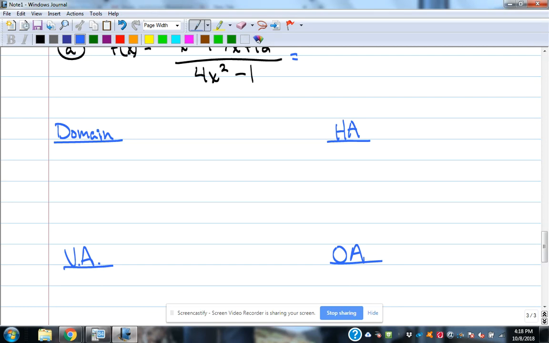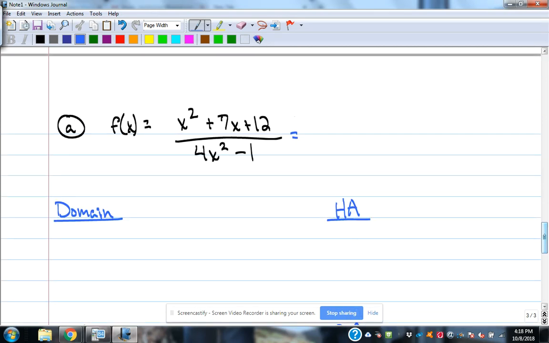Okay, so the first thing that we should do is find the domain. Before we simplify anything, we're always going to try to simplify it. It's a fraction, so anytime you're dealing with fractions, you always try to simplify if possible. But before you can simplify, you need to find your domain first.